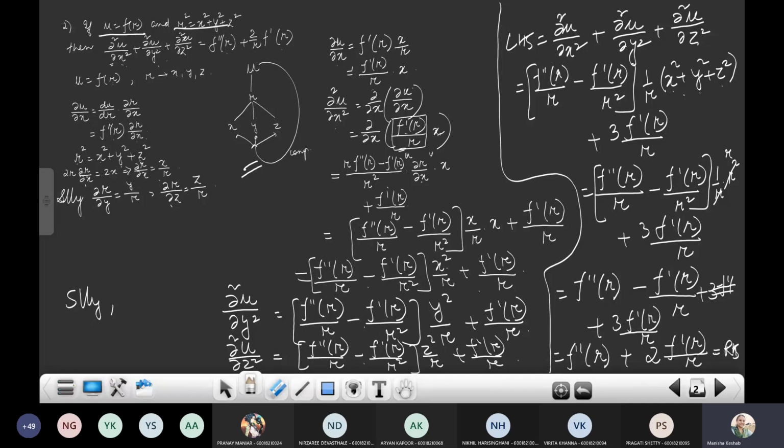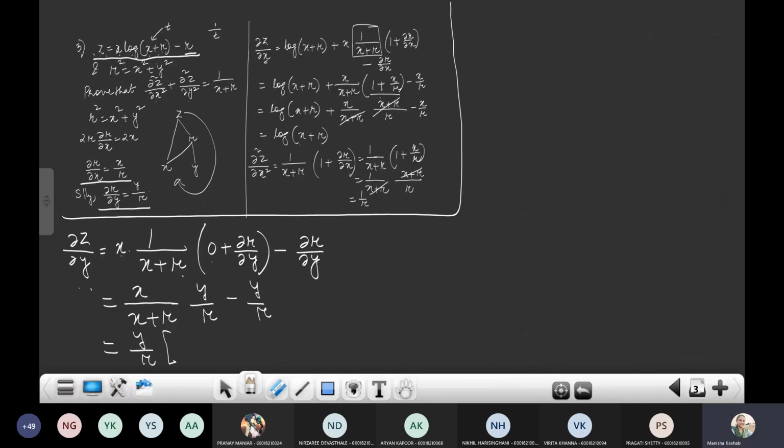Only difference will be x के बदले में y मिलेगा, right? Because there is no x, y, z with f of r, पर यहाँ पे x है, पर y नहीं है, right? So that means here it will be different, it can't be similar. जबकि r square equal to x square plus y square, वहां पे सिमेट्री है, तो वहां पे हम del r del x फाइंड करने के बाद del r del y सेम वे लिख सकते हैं. But here we can't write del y the same way.